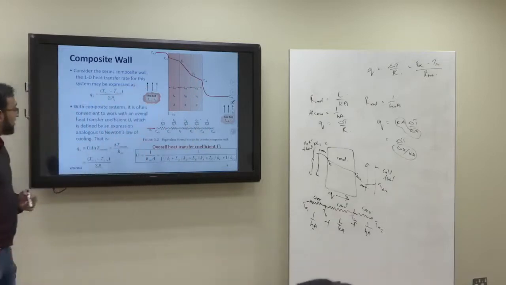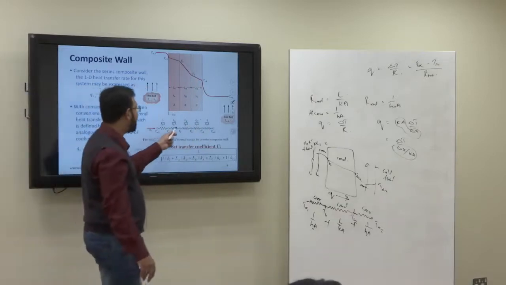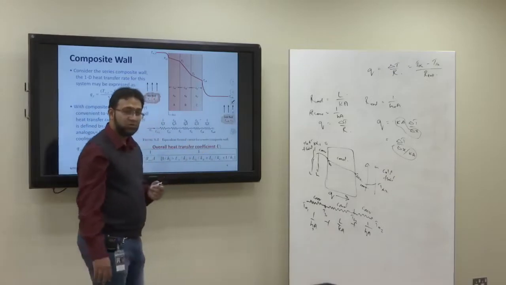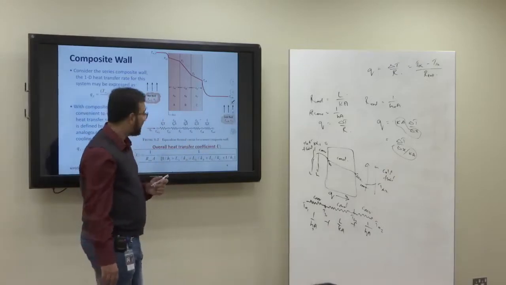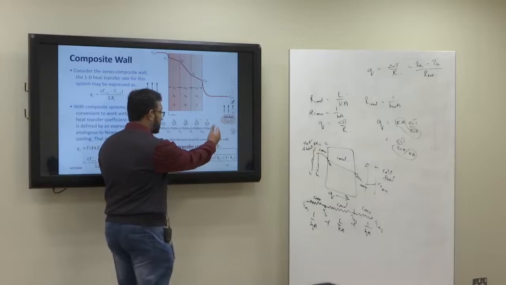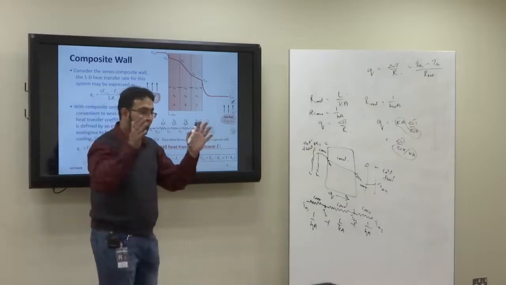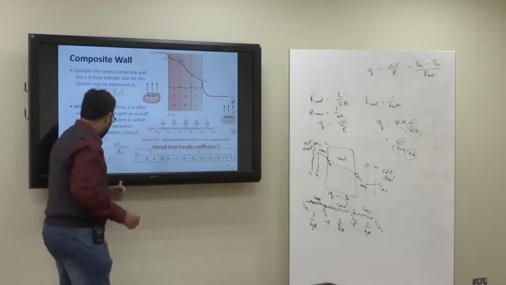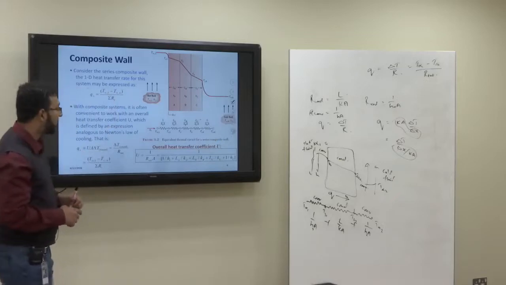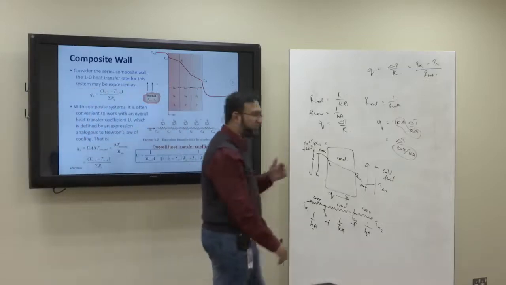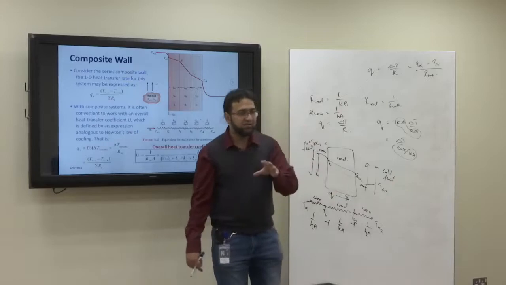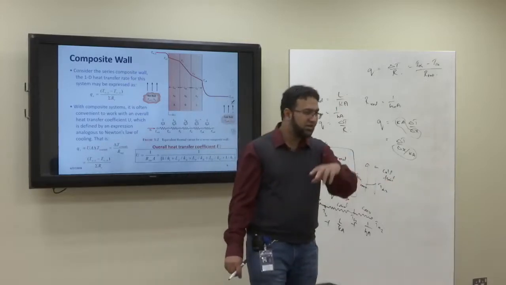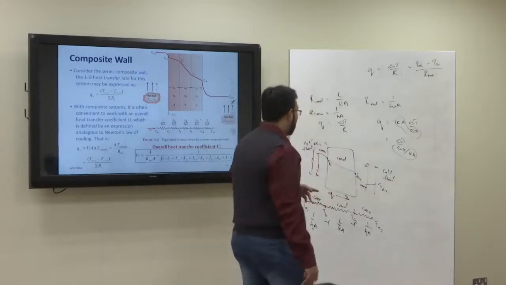If we know T infinity 1 and T infinity 4, then we use all the resistances together, the sum of all of them.